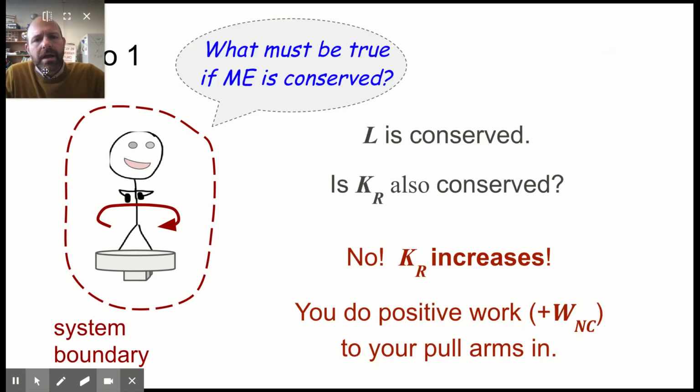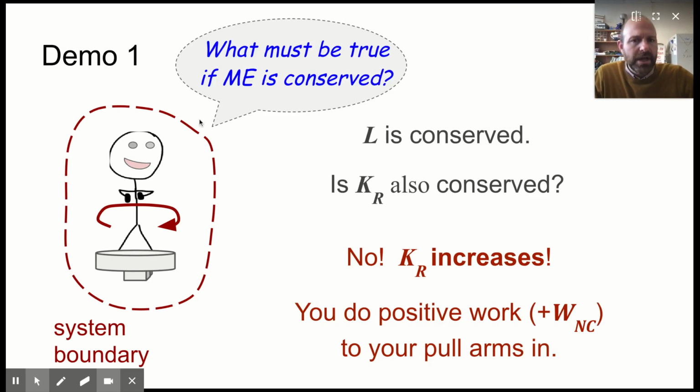Now, the question is whether energy is conserved. We saw in linear momentum that in certain cases, energy and momentum were both conserved. If you think about this situation, the only type of energy involved is rotational kinetic energy, because it's not translating, and we don't have any gravitational potential or spring potential to deal with here. But as it turns out, the kinetic energy increases as you bring in those masses.